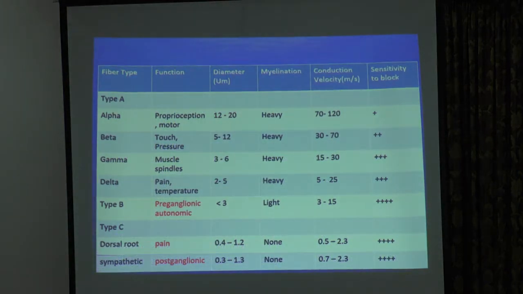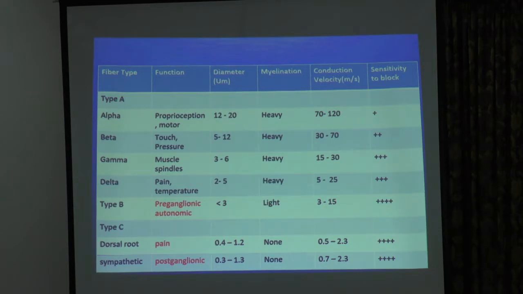So if you look at this table, this is giving you the types of nerves, fibers, and then the onset of action and their sensitivity to block if you use local anesthetics. Usually, for pain, we'll be looking at two main fibers, the C fibers and then the A delta fibers.